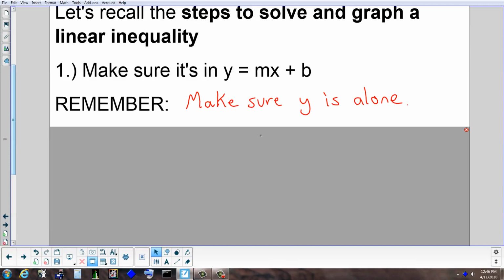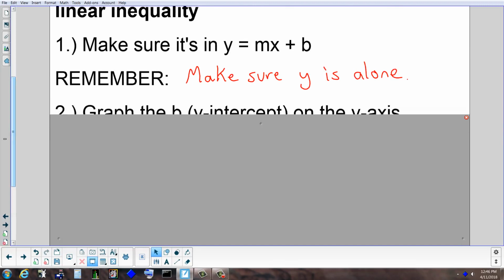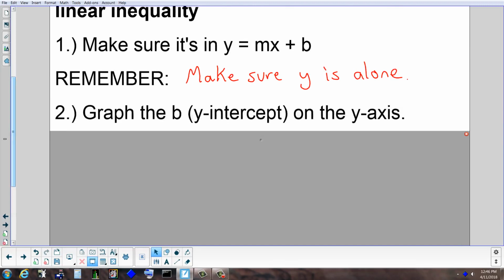Josiah? You find the b, which is the y-intercept, and then you put it on the graph. Exactly. Very good. So like Josiah said, graph the b, which is the y-intercept, and we're going to graph that on the y-axis.